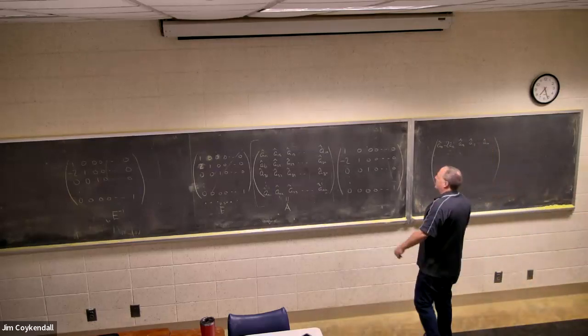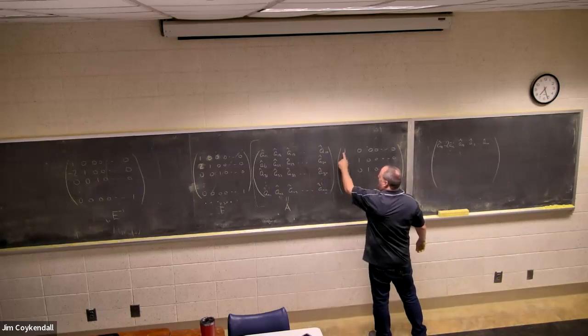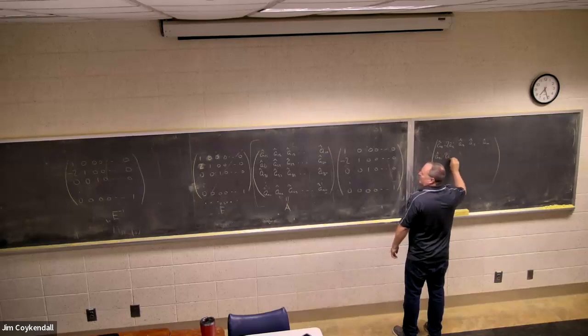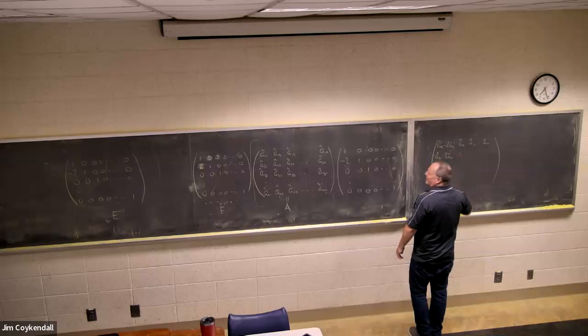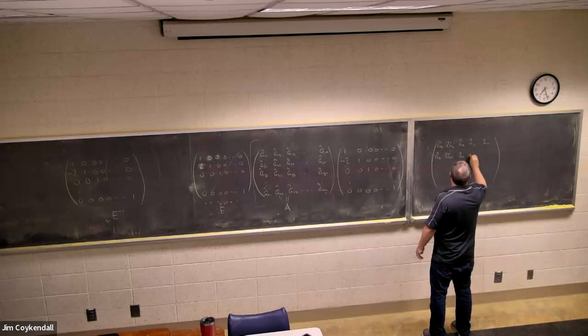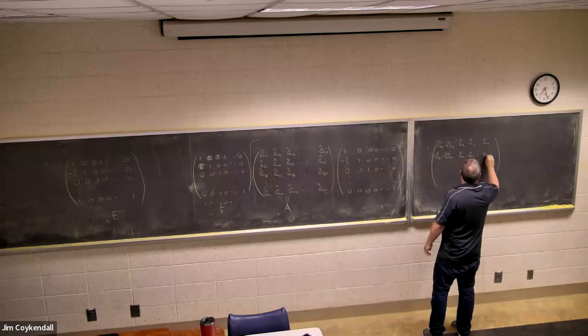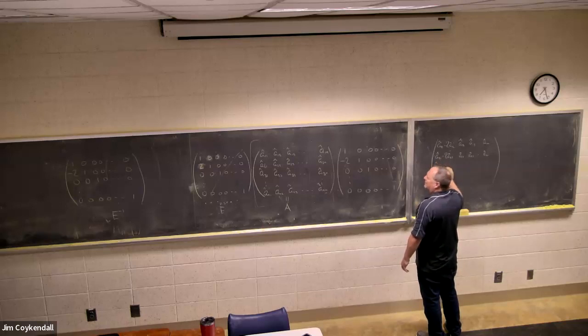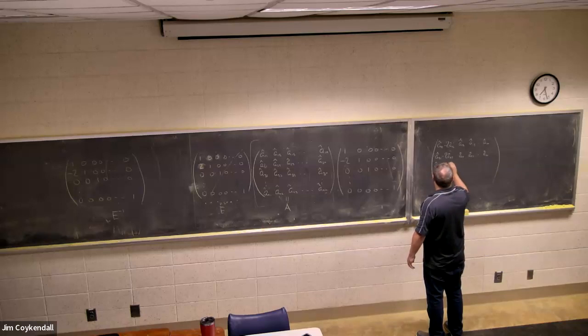Okay, the next row, I'm going to get A21 minus 2A22. And then next I'm going to get A22, A23, A2N. And next one, I'm going to get A31 minus 2A32.